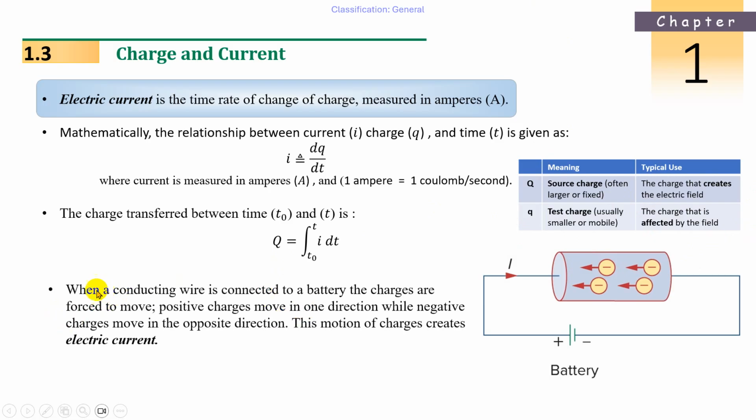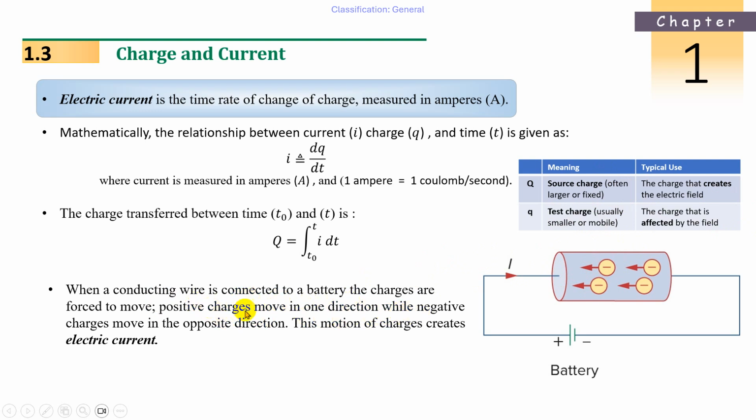Okay. Now, a conducting wire is connected to a battery. This is the conductor, and the wire is connected to the battery. The charges are forced to move, meaning the charges inside this conductor, that is, electrons. Negative means electrons, positive means protons. So these negative electrons will move in this direction.